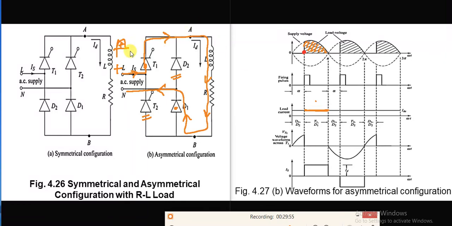During the negative half cycle, this L is negative with respect to N. So the current will flow from this N terminal. The diode D2 is forward biased. Then the current will flow from the inductor, resistor, the diode D1.